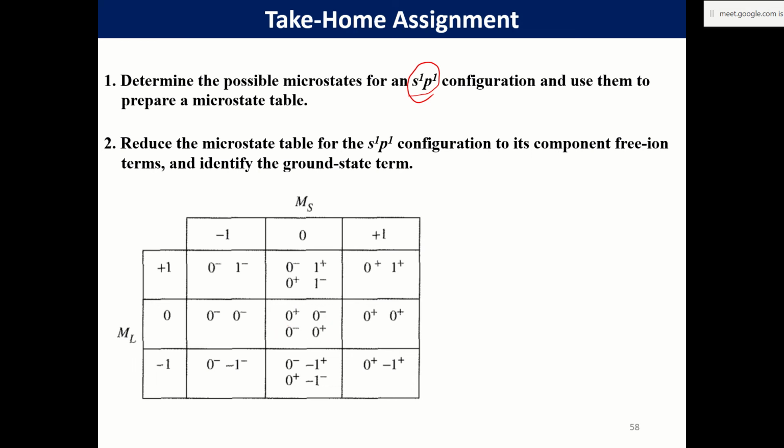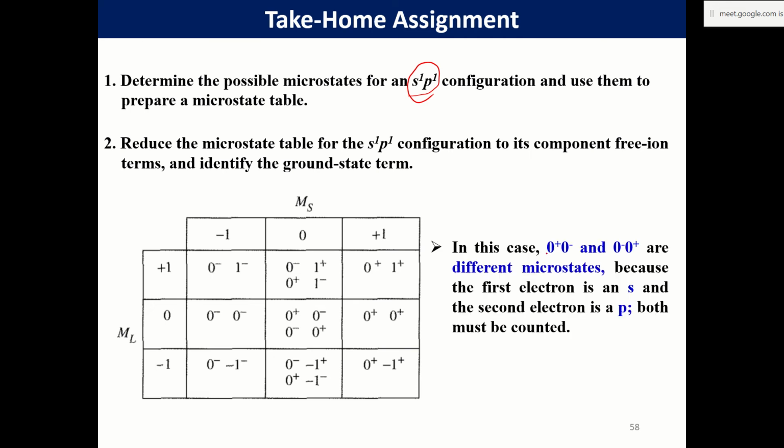In the previous case, when both electrons are in the same orbital, we counted only one of them as distinct. This is an important point. Each is treated as a different microstate, because one electron is in S and another one is in P.